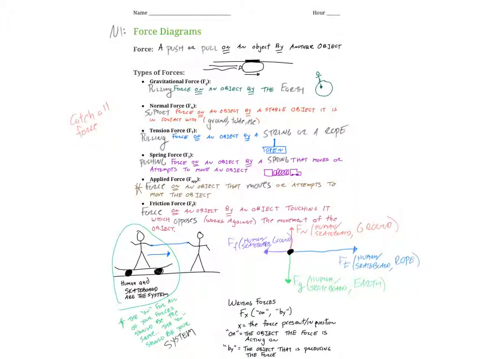Okay, so your worksheet, when it's all said and done, should have some arrows, and they should have the forces identified, and they should have the thing that the force is being applied to and what's creating the force. All of that information needs to be present. Good luck with your homework, and we will talk about this tomorrow.